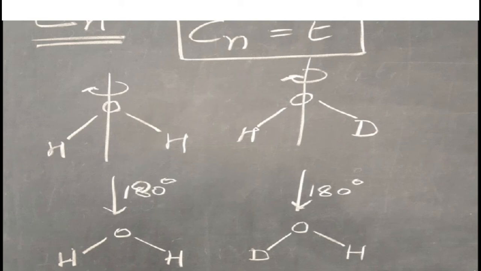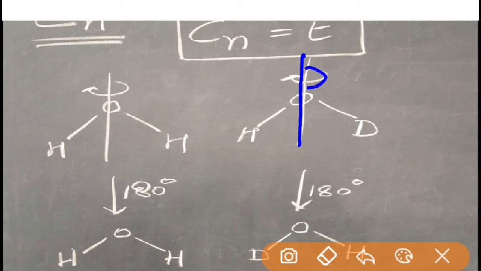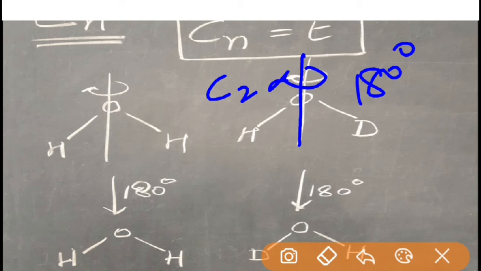Now let's take another example to make it more clear. HOD. Similarly, as I have done in the water case, I am taking an axis which is bisecting the oxygen atom, and let us again rotate it through 180 degree. That means it is also a C2 axis. So what are you going to observe there? D will come and shift here, and hydrogen is going to move here after rotating it by 180 degree.